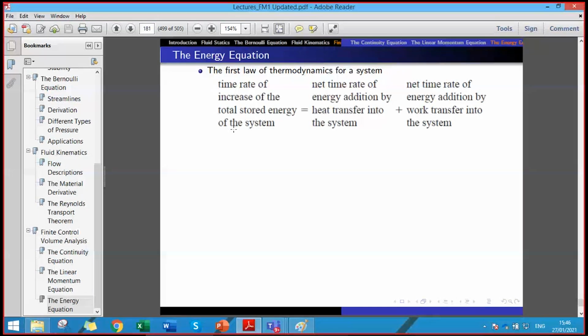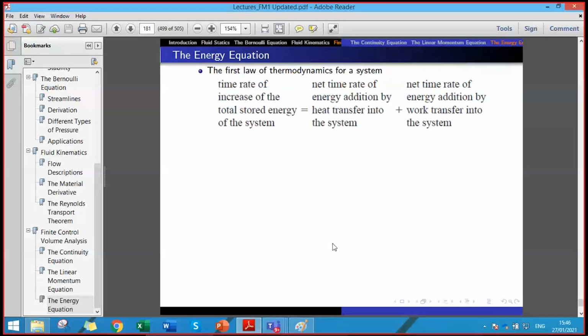What are those two methods? Change of heat and work done. Yes, by heat transfer and by work. So it should be equal to the net time rate of energy addition by heat transfer into the system plus the net time rate of energy addition by work transfer into the system.